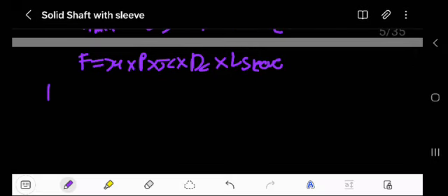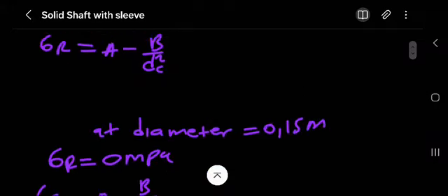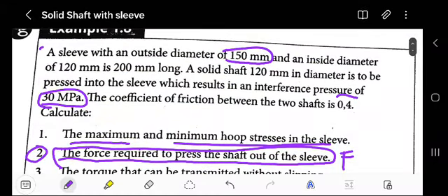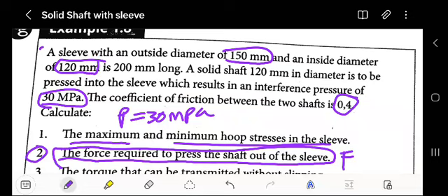The coefficient of friction is 0.4. Pressure is 30 megapascal, as you can see the pressure there. Common diameter was 120, and the length of the sleeve is 200 millimeter long.